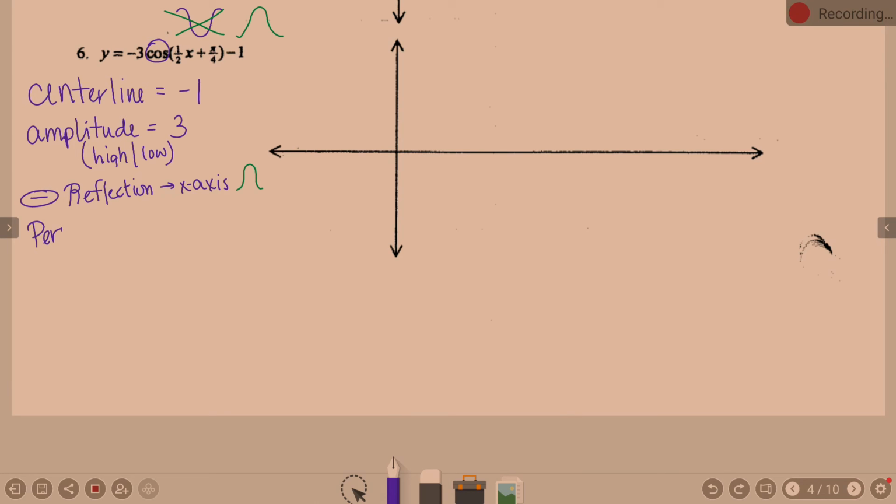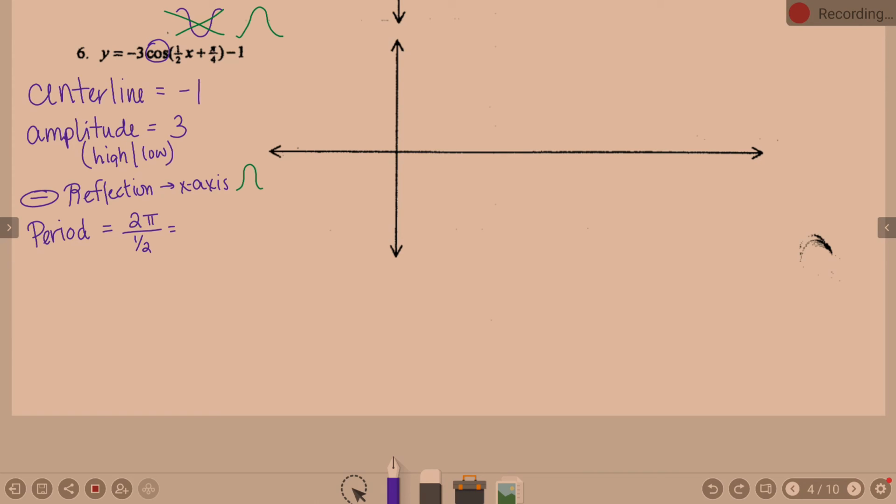Okay, time to attack fractions. Period. What do we do with period? It's 2 pi divided by b, and b is 1/2. So I'm doing 2 pi divided by 1/2.